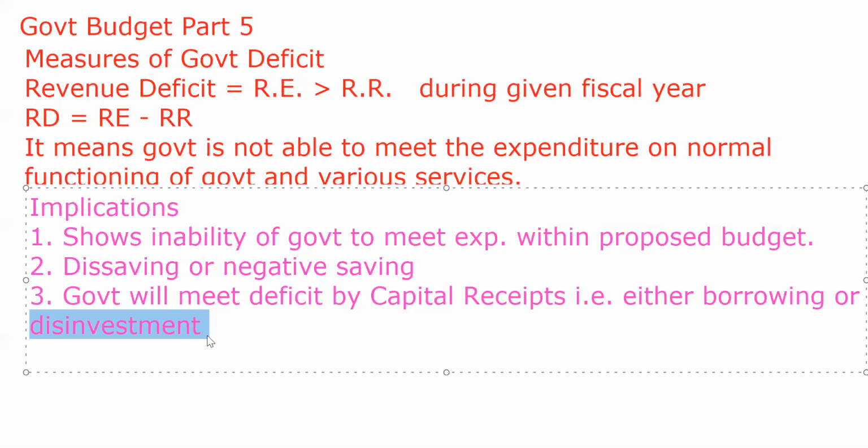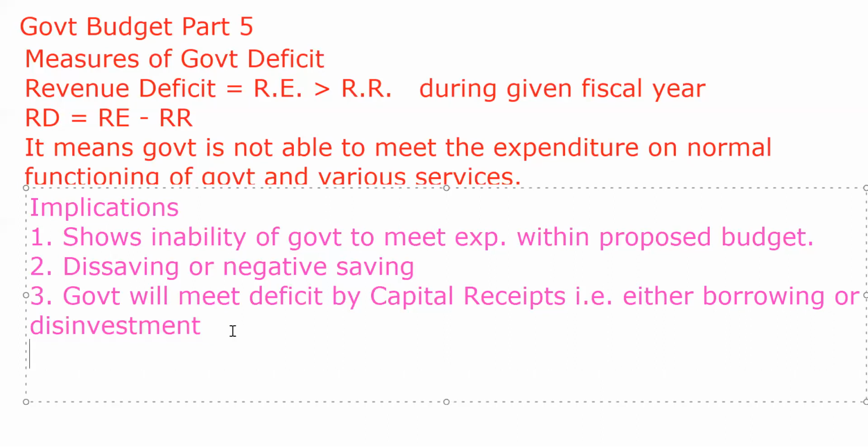It reduces the assets of the government, because the government will have to sell the shares of the public enterprises to the private hands, or to the private sector. So it will reduce the assets of the government. So this is the implication. Either the government will have to borrow, so it will create the liability on the government, or the government will do the disinvestment, so it will reduce the assets of the government in the economy.